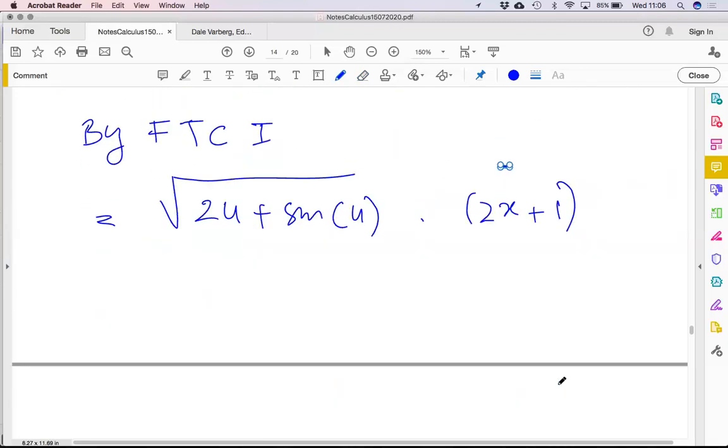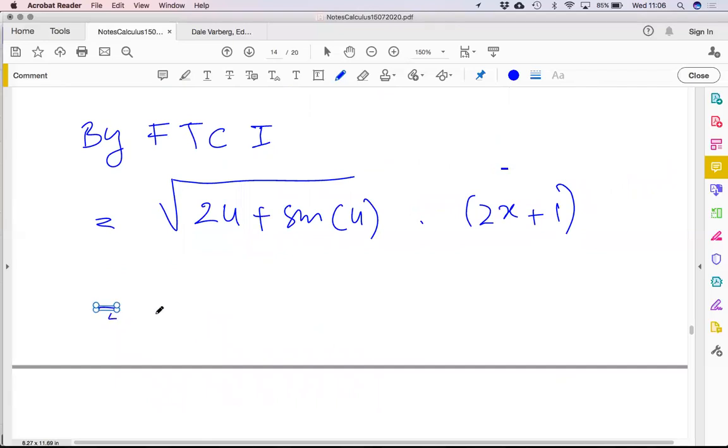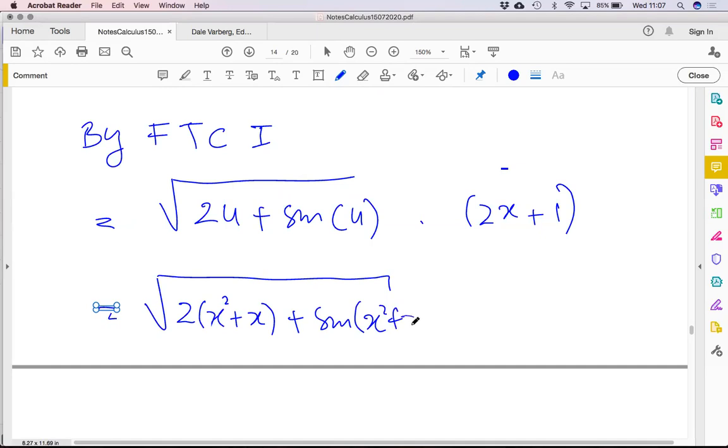Okay, and then you can change u back into the original value: the square root of x squared plus x plus sin of x squared plus x, and here we have 2x plus 1. That's it. So this is our f prime x.